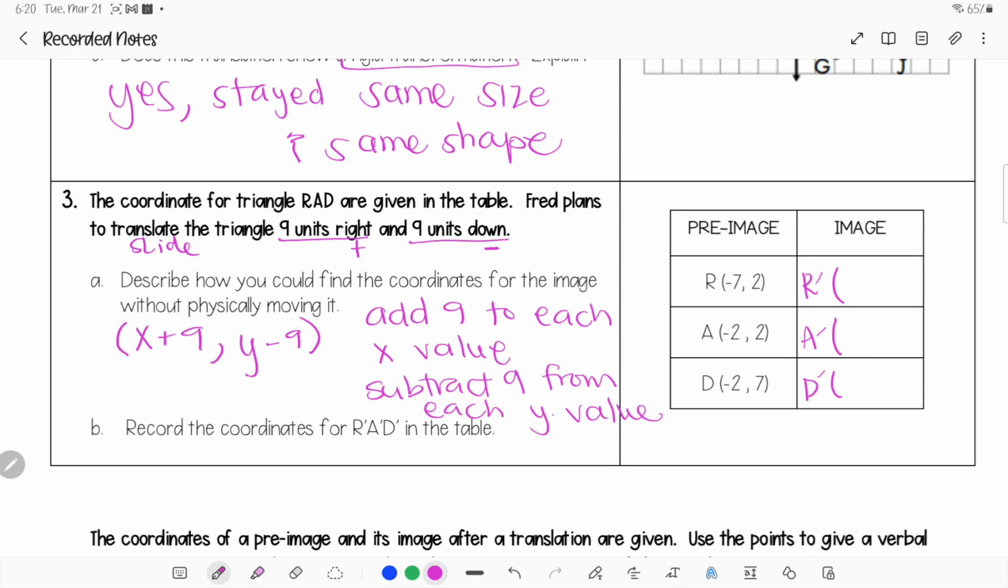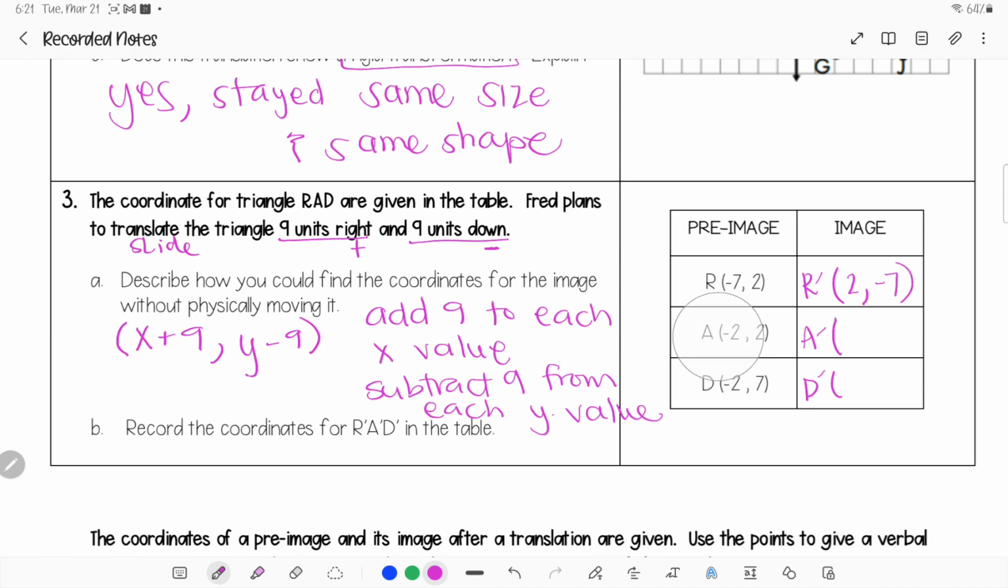If you visualize a number line, if you started at -7 on the x-axis and you slide it 9 to the right, where would you end up? In other words, if I take -7 and I put it in here, it would be -7 plus 9. That would give me 2. If I take my original y, which was 2, and I plug it in here, 2 minus 9 is -7.